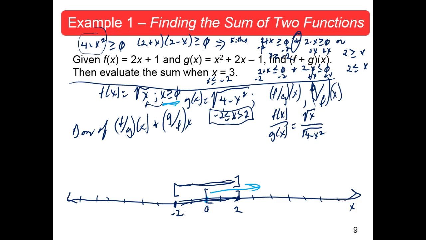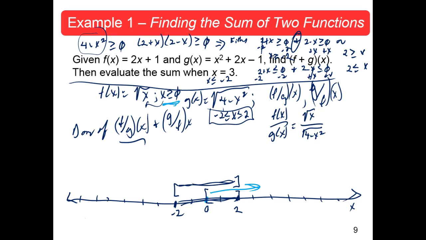But the domain of this has one other restriction on it. What is it? That this thing cannot be 0. What would make that 0? Yes, +2 or -2 would make that 0. It's perfectly fine up here, because you could have 0 here, but you can't have 0 down here.